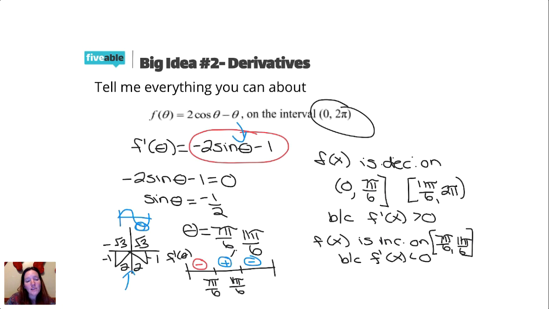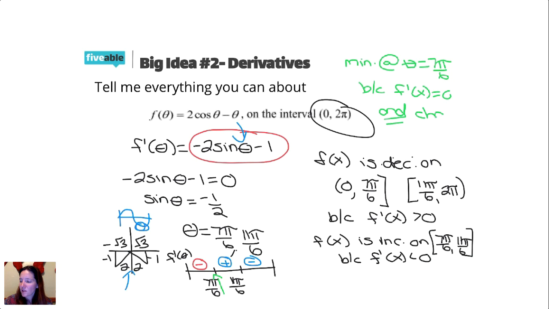You can also say there's a minimum at 7 pi over 6, and the reason for that is because f prime of x is equal to 0 and changing signs.